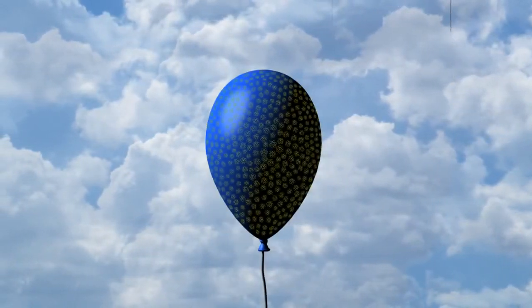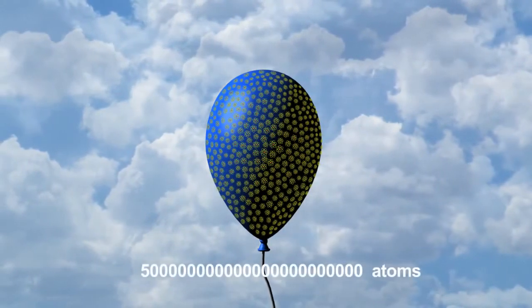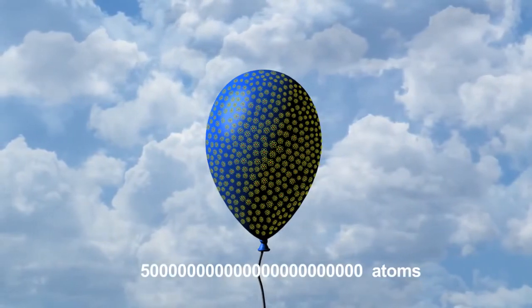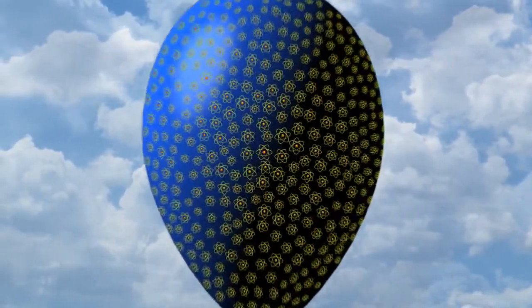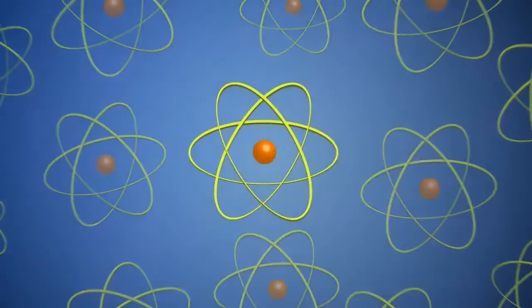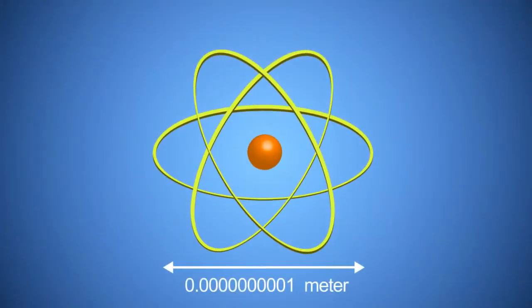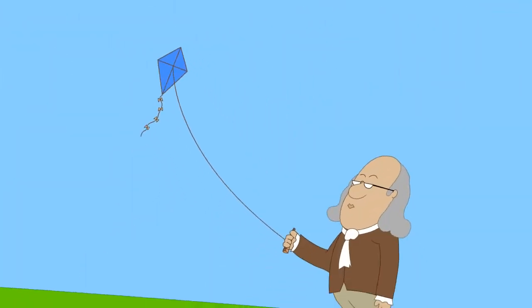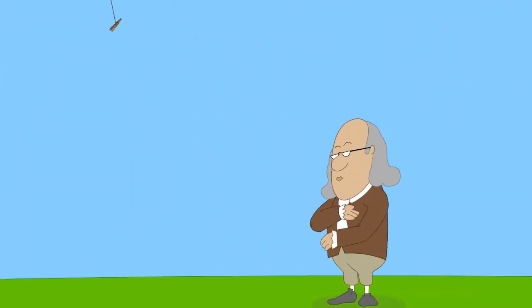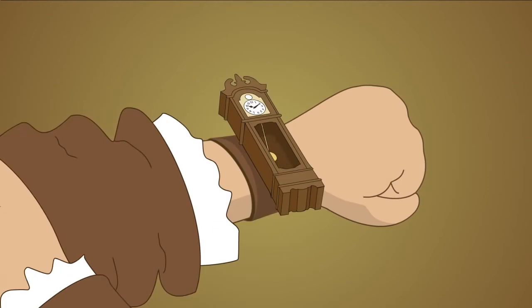The number of atoms of gas in a toy balloon is about 500 sextillion. And the size of one of those atoms is about 1/10,000,000th of a meter. Hundreds of years ago, time measurements much smaller than a second would have been difficult or impossible.